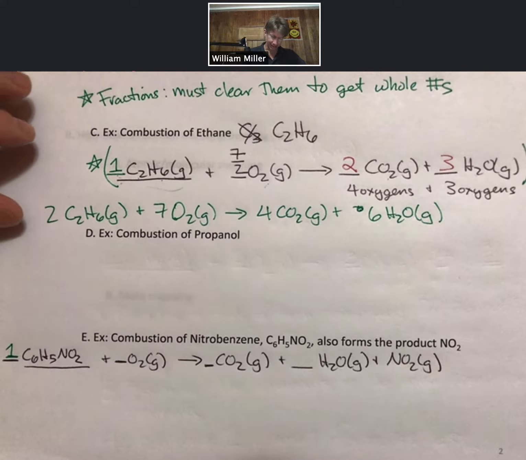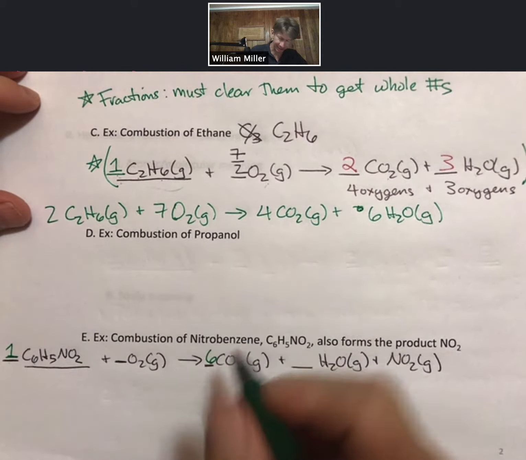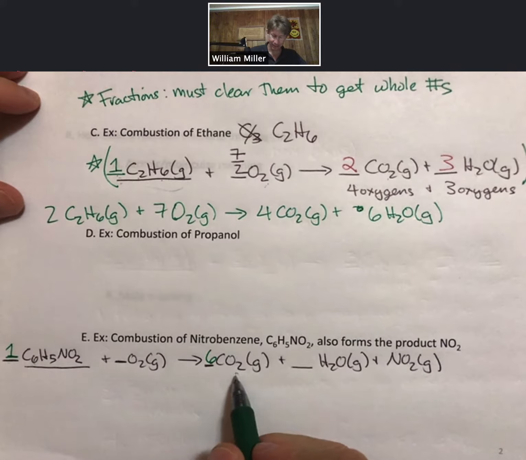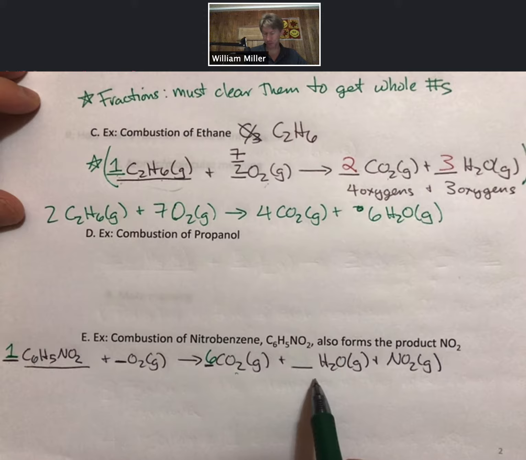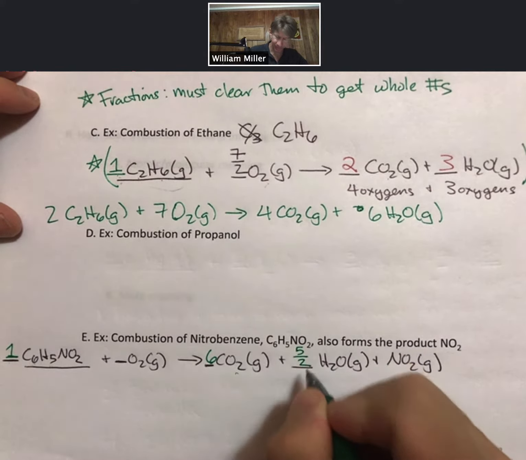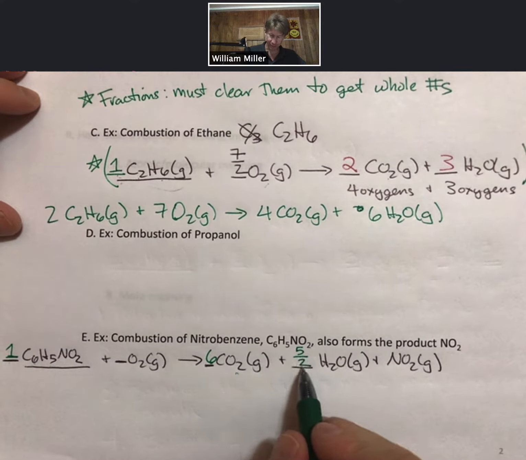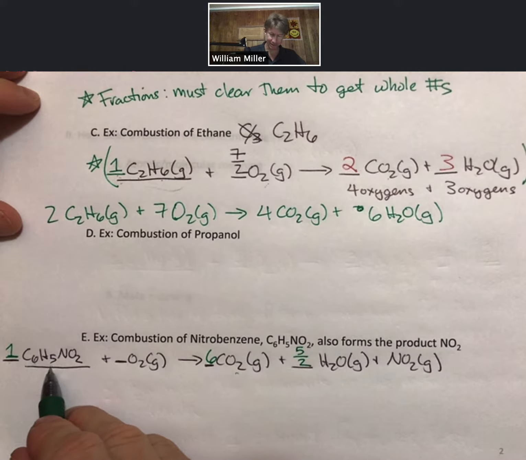Let's see. As you can see, I have 6 carbons. Therefore, on my product side, I must have a 6 for my carbon dioxide. I have 5 hydrogens. Hydrogens come 2 at a time, so I need 5 halves here. 5 halves times 2 is 5 total hydrogens. That balances.